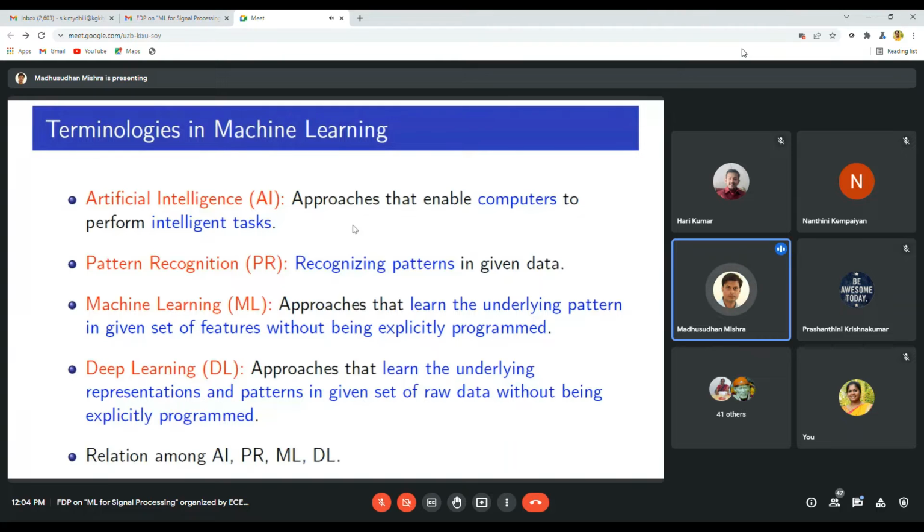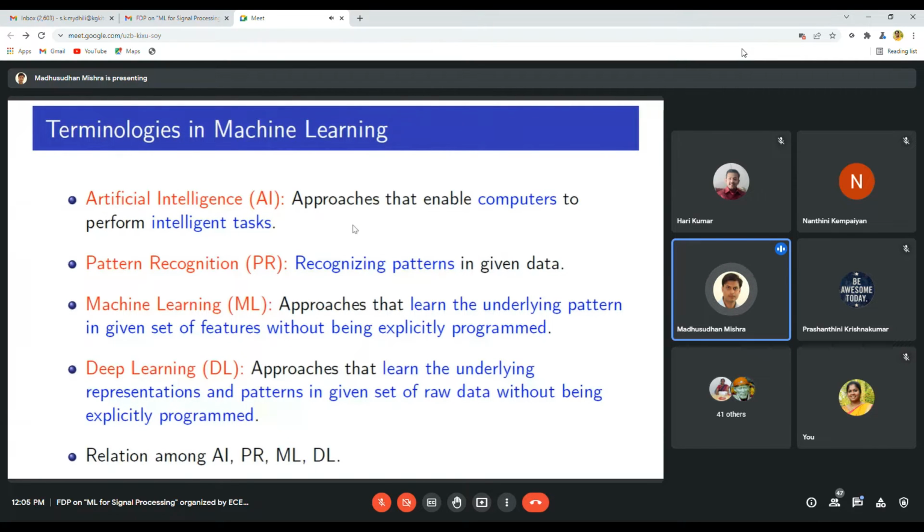So in machine learning and deep learning, many things are common, but deep learning learns the pattern from the given set of raw data, whereas machine learning learns from the features. We need to extract features for machine learning, whereas in deep learning, raw data can be applied directly. So this is the difference we are finding.